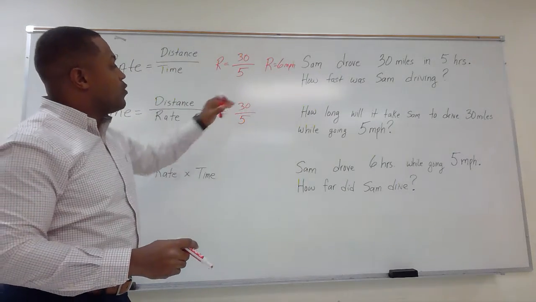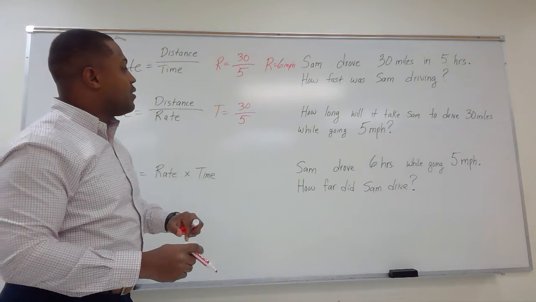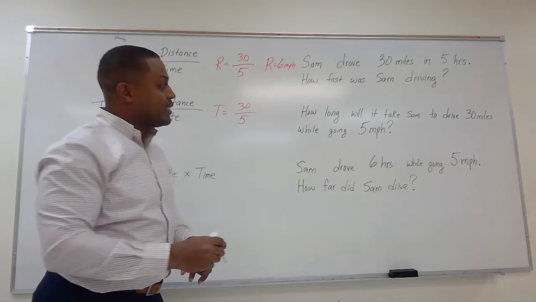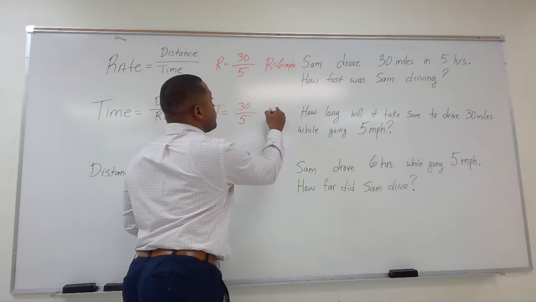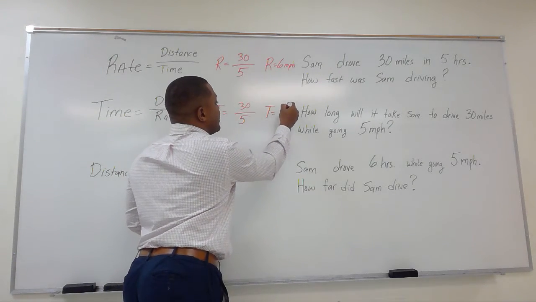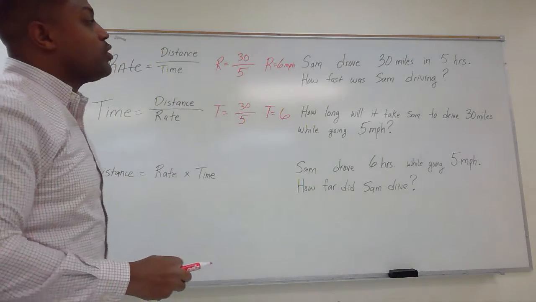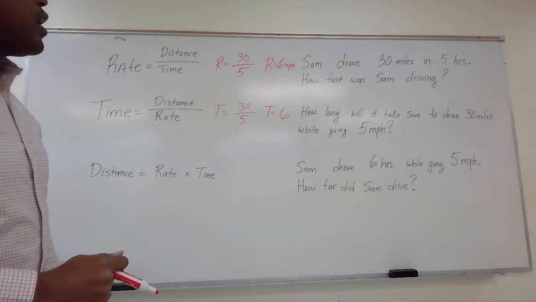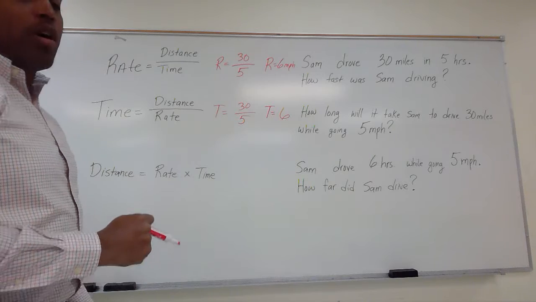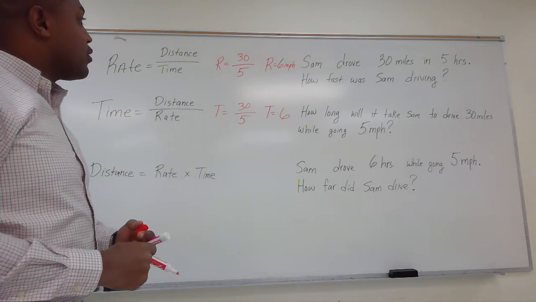And so when we do this, we find out that it will take Sam 6 hours to drive 30 miles while going 5 miles an hour.